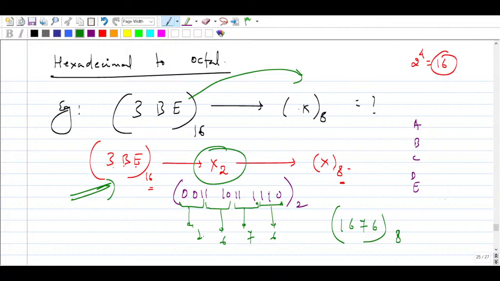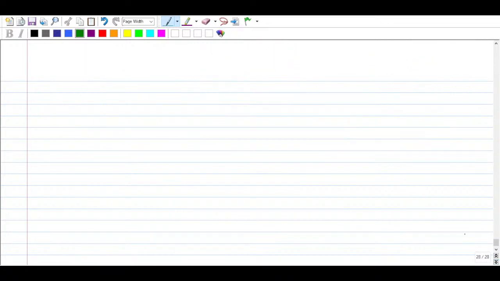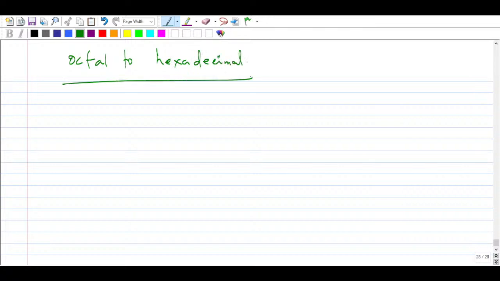Okay. Let me convert octal to hexa. Octal to hexa conversion is very important. Let me take one example here, that is 367 in base 8, and you have to convert into base 16. Again you can't directly write hexa, so what you can do here is convert into binary first.